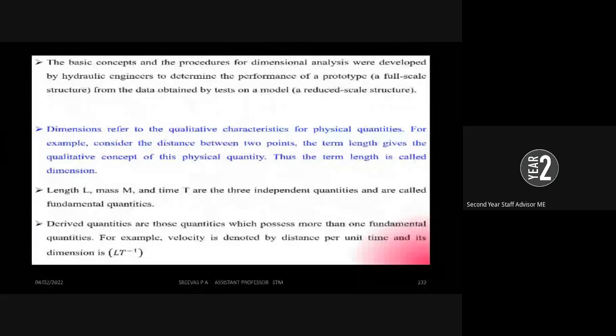The basic concepts and the procedure for dimensional analysis were developed by hydraulic engineers to determine the performance of a prototype from the data obtained by tests on a model. While going through this point, you will note two terms, prototype and model. Prototype means a full-scale structure and model means a reduced scale structure.